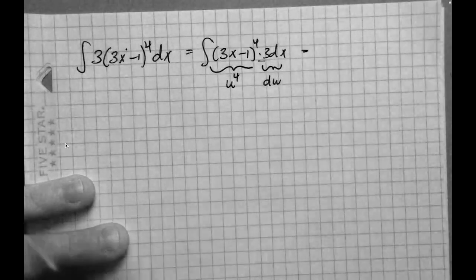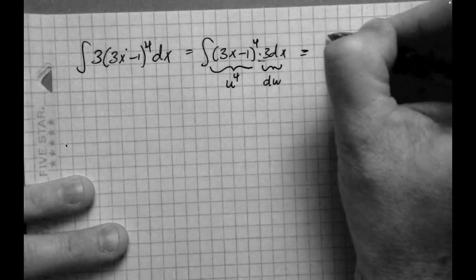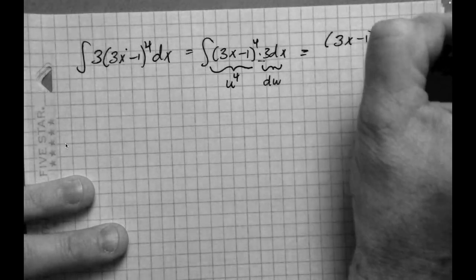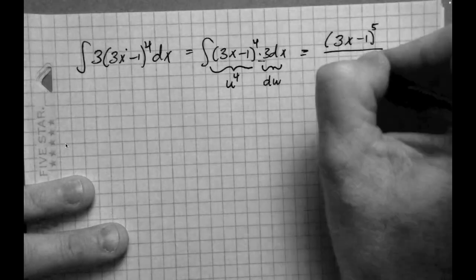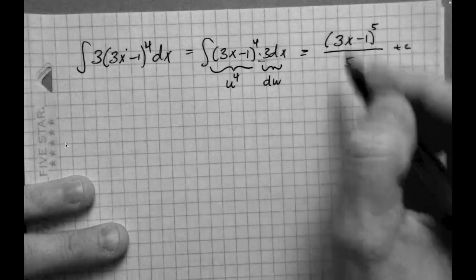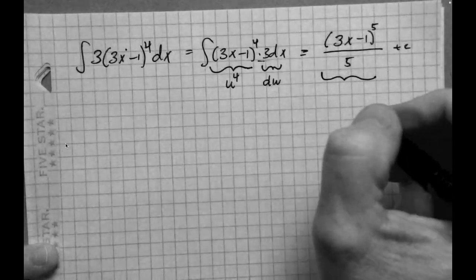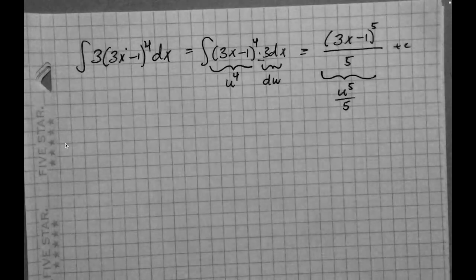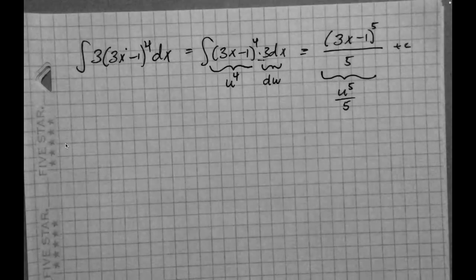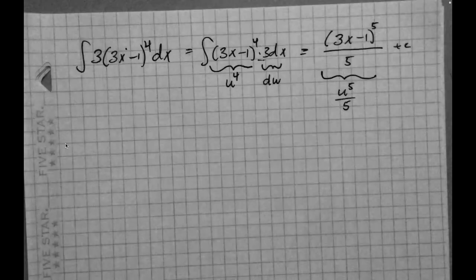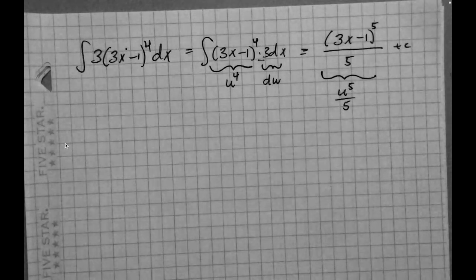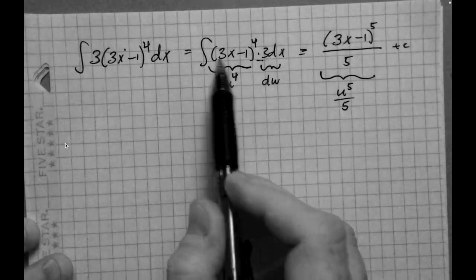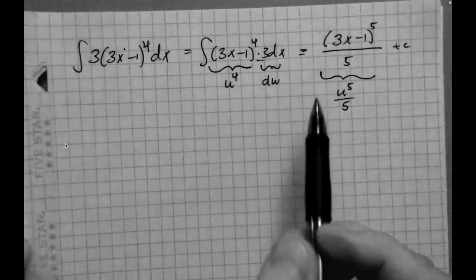So I could integrate this really quickly by just saying it's 3x minus 1 to the 5th power over 5 plus c. So this piece here would be u to the 5th over 5. Okay. So using the u substitution, you would naturally arrive at this answer, but in some cases you can just see it if you get this pattern built into your thinking.